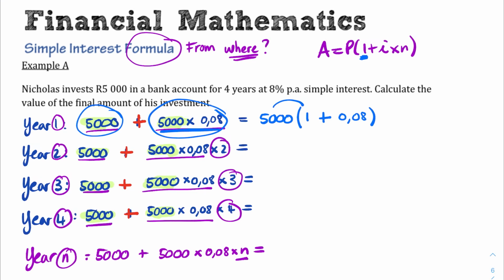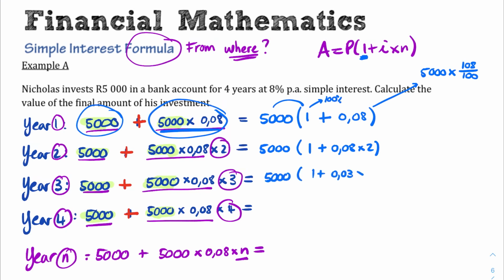Now, if you look at this here, this should remind you of saying, well, 5,000 times 108%. So that 1, you can think of it like being 100%. Right, what happens in our second one here? When we take 5,000, 1 plus 0,08, but now we also have times 2. Let's fill in the rest.